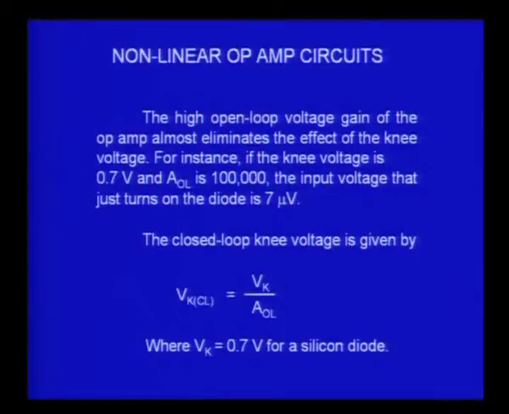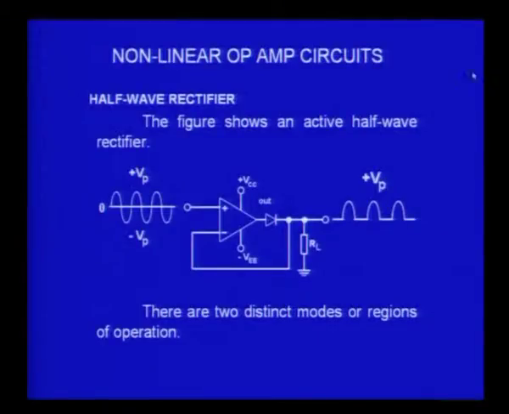Having said that, I will just show you a typical circuit. You can see on the screen a typical circuit which makes use of an operational amplifier and a diode. This diode in the simplest case is a normal silicon diode. In this configuration, you can see the feedback loop from the negative input is connected at this point after the diode, and the diode comes at the output of the operational amplifier.